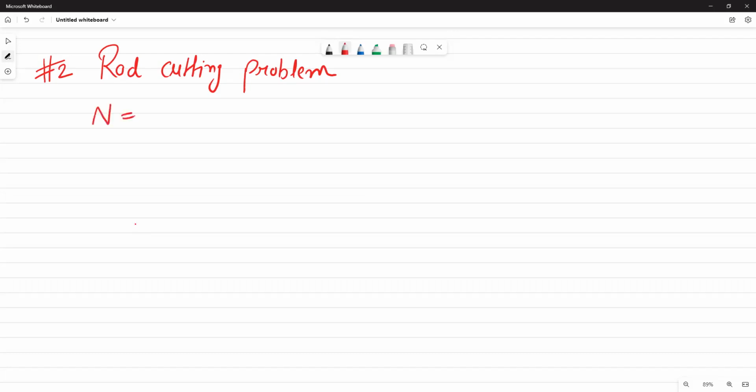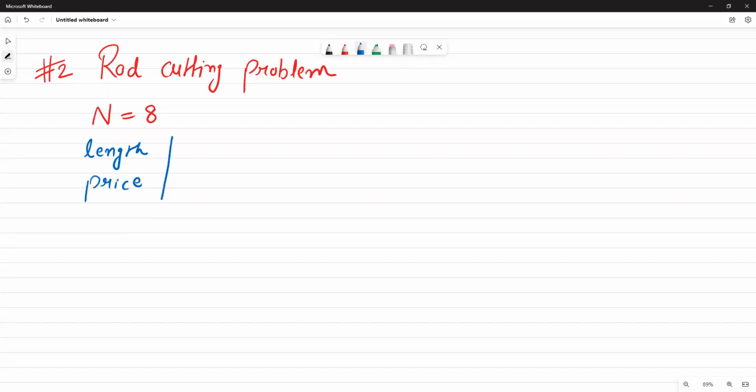Let's suppose I am taking it as 8. So you need to find out in what way you cut the rod so that you can get maximum profit out of it. And for that, you have been given the length you cut and the price you get for that length. This is given to you.